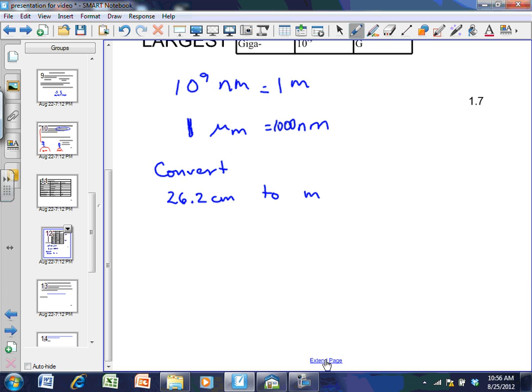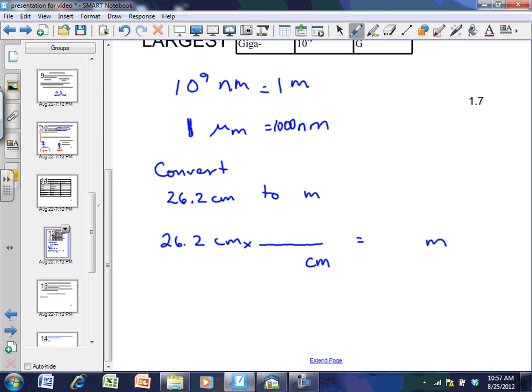You start with what you know, 26.2 centimeters, and then I'm going to write equals however many meters. Then what I'm going to do is multiply 26.2 centimeters by conversion factors, because it's important to know that units in science act like algebraic variables. So if I'm in centimeters and I need centimeters to go away, I need to put centimeters in the denominator.